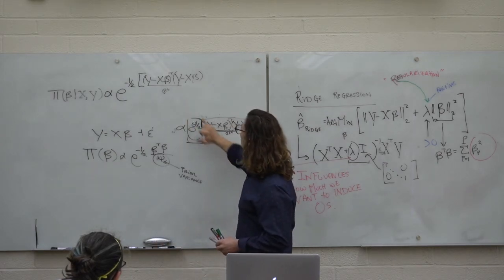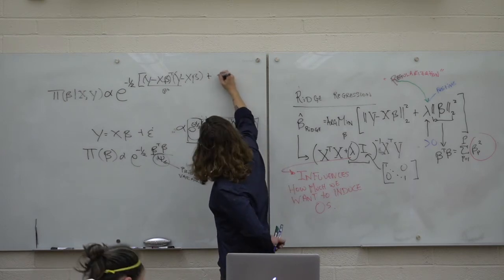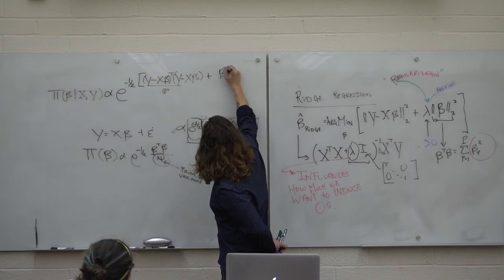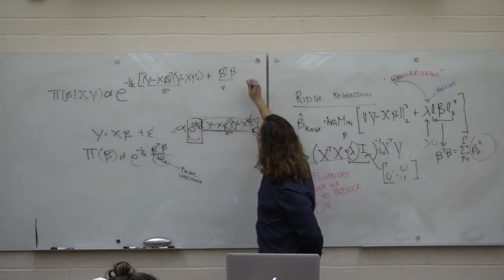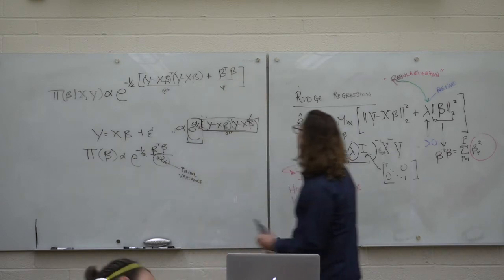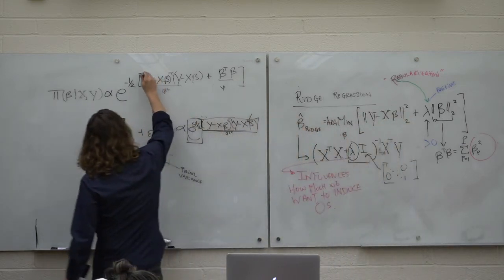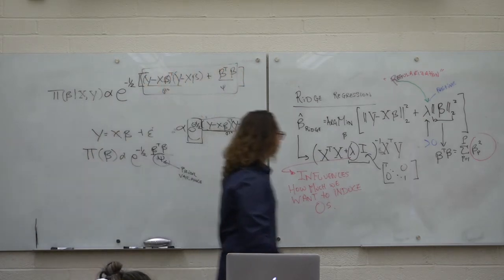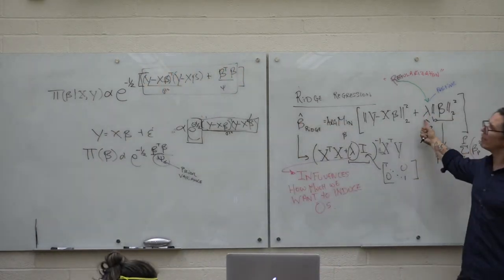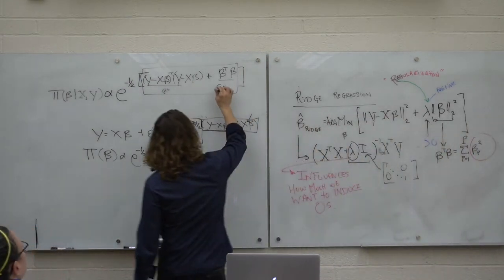That's the likelihood part of everything. And now I'm just going to add in the prior. So the prior looks like this: 1, I'll say beta transpose beta over psi. And I can compare this thing to this. And they look very similar. So let's just rewrite it the same way.